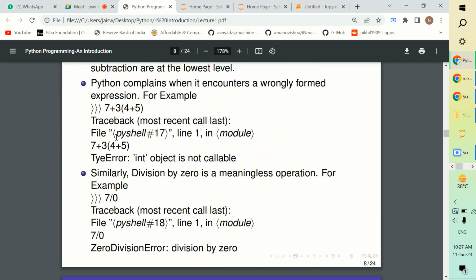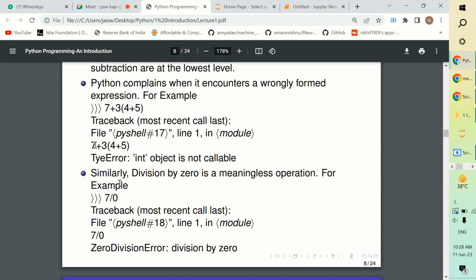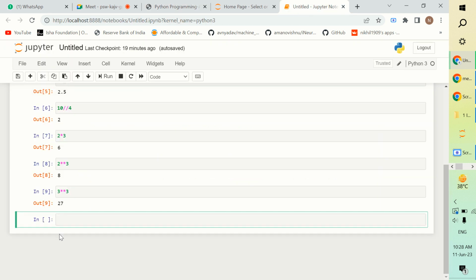Okay, so we will see that here in Jupyter notebook also. We can copy this. So mathematically, when you write it like this, but this is a syntactical error. Syntactical error means, what is syntax?